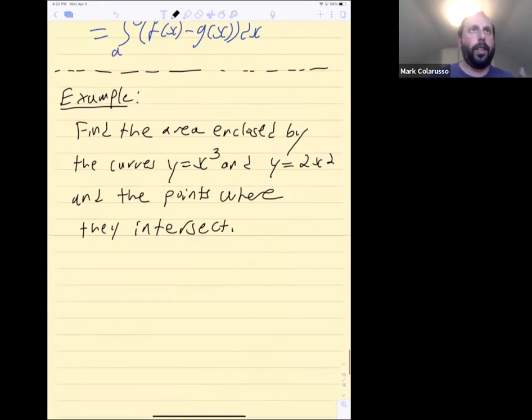Okay, so this is how the book phrases the question. It's a little bit not the right order.